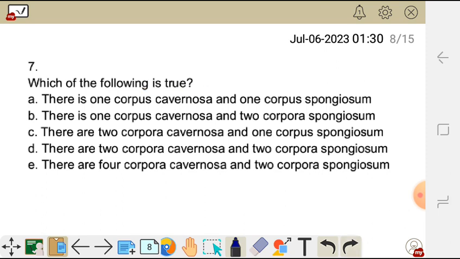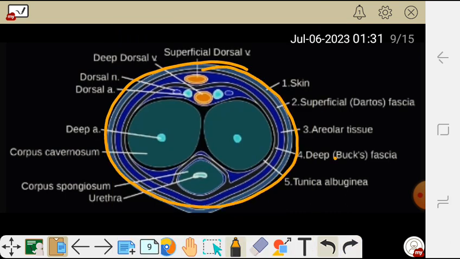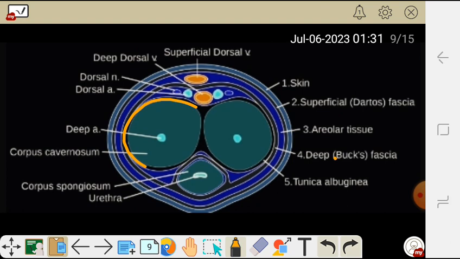So corpora cavernosa and corpora spongiosum, these are erectile tissues in the penis. This is the cross section of the penis, and these are the erectile tissues in the penis. So these two here are called corpus cavernosum.